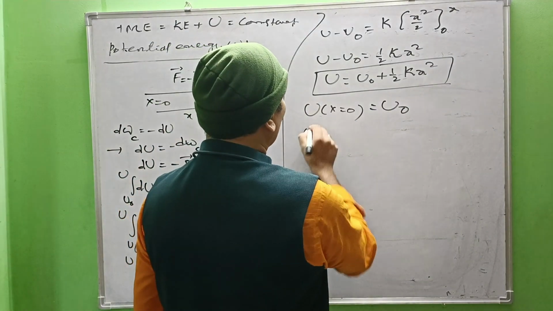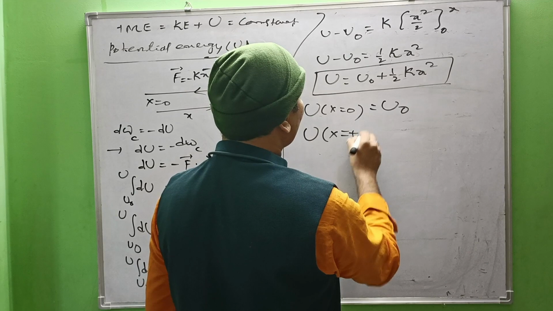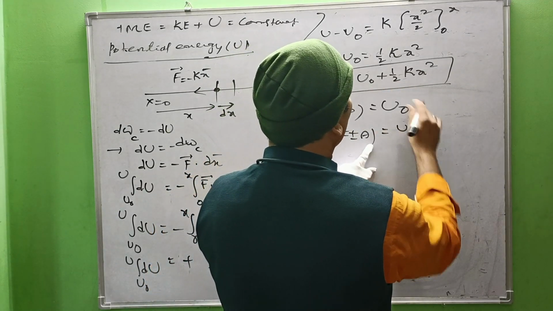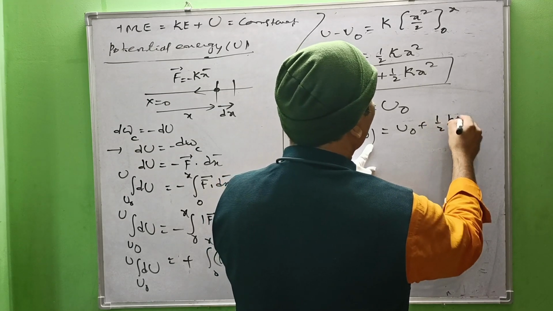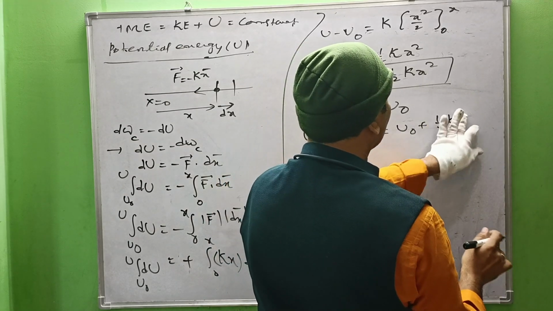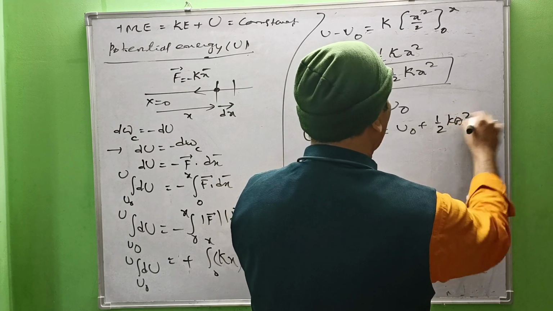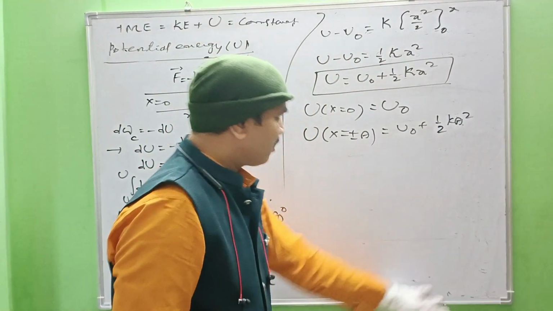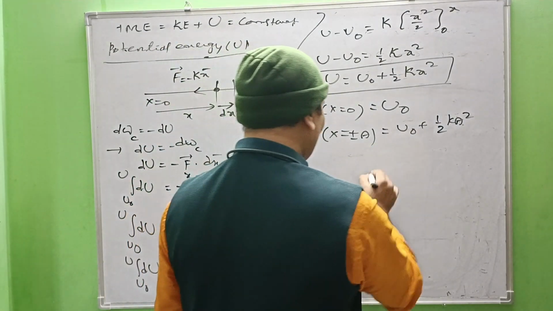U at x equal to plus or minus a is U naught plus half k a square. So see the variation here, how it varies graphically. We can take it like this.